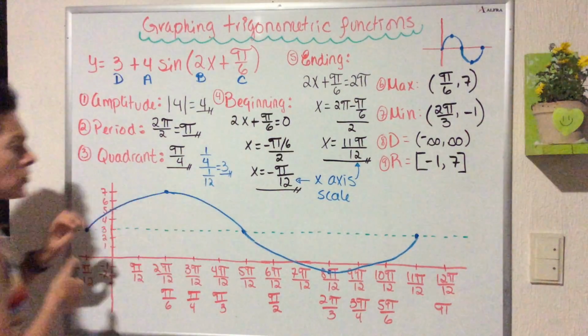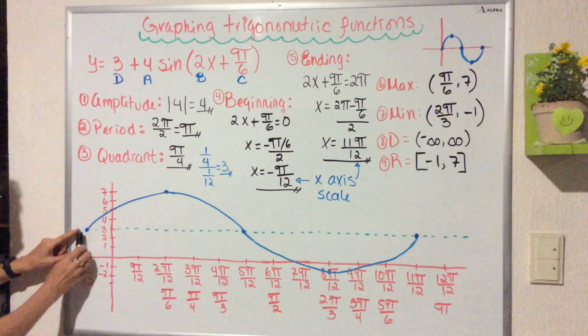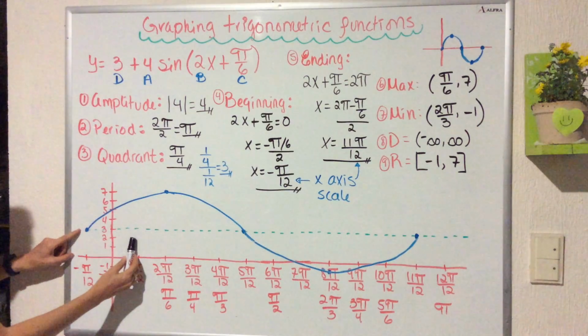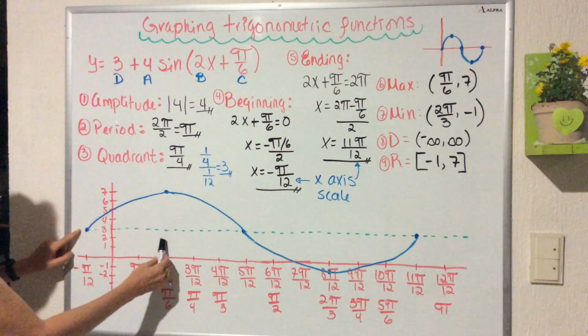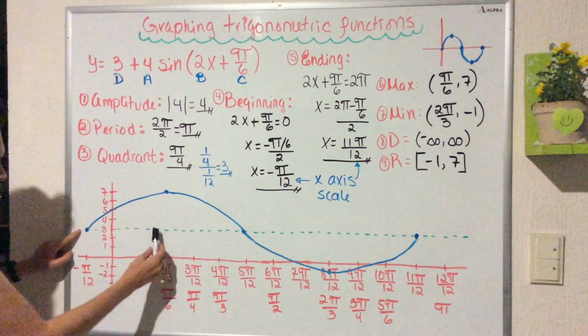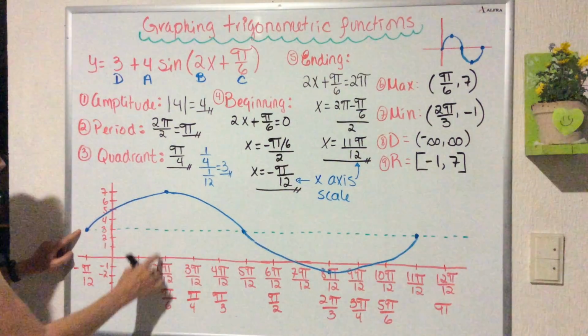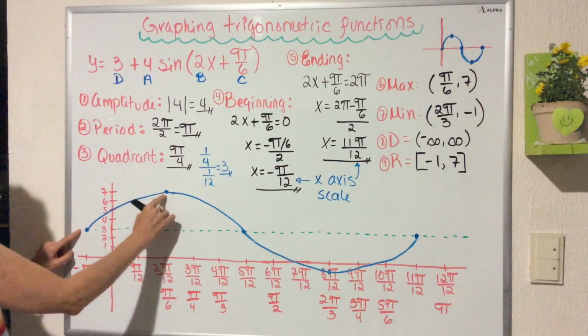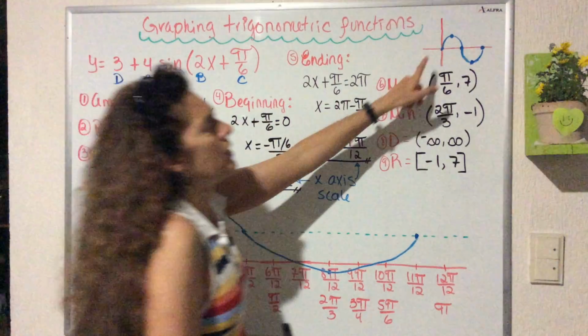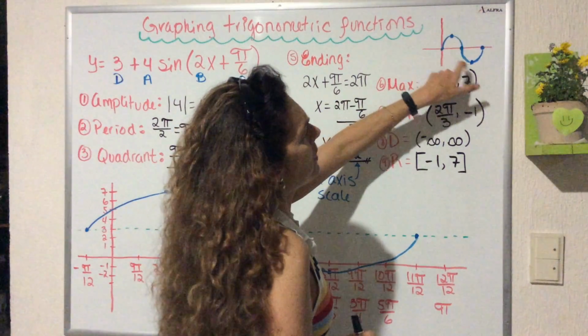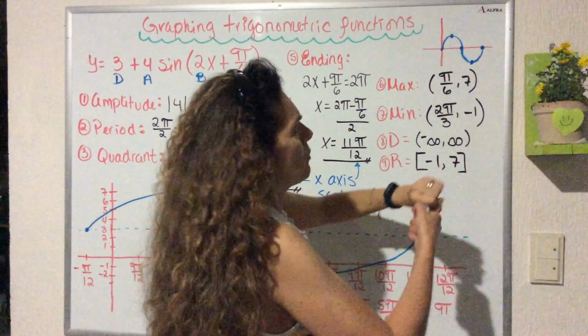So how many times does this 1/12 fit in 1/4? 3 times. So as you can see, we're going to move to the right 1, 2, 3 twelfths, and in this pi over 6, I'm going to plot the next important point. And I remember the shift, the form of the positive sine graph. Let me write it here.